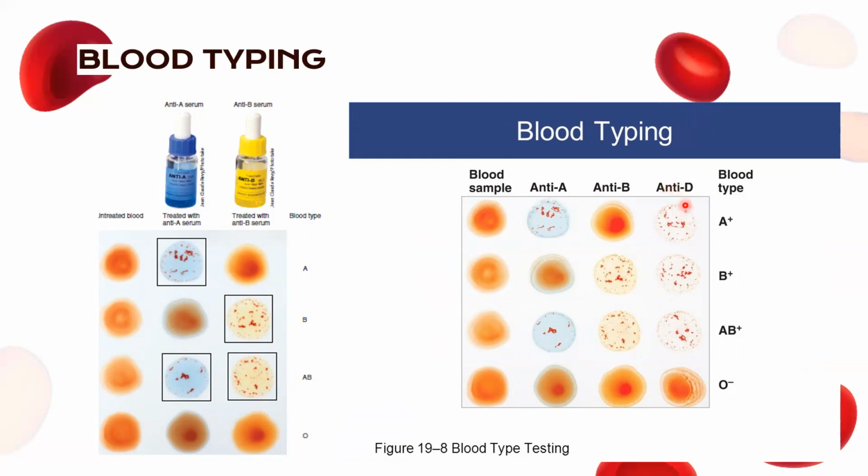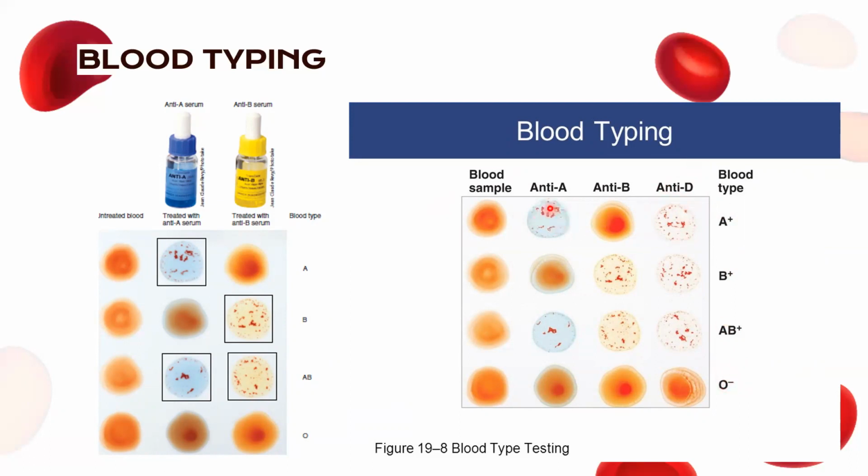And here you could see the RH, no? RH blood typing through anti-D, antigen D. If there is clumping, then that is positive. If there is no clumping for the anti-D, then that is RH negative. Okay.